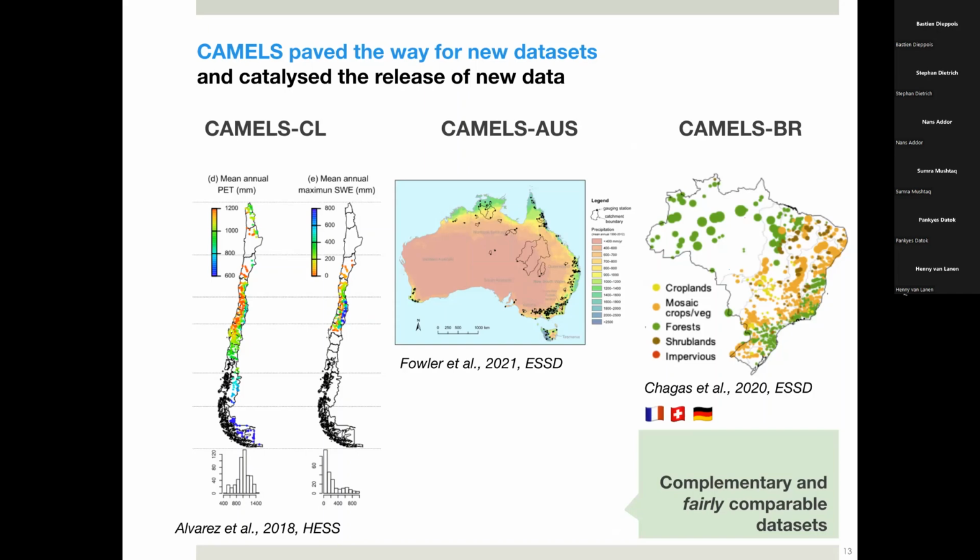A key decision that was made when creating this CAMELS dataset was to use the best possible data, and typically it meant using national datasets. But obviously, national datasets only cover the country they come from, and they cannot be used to derive parameters or attributes in other countries.